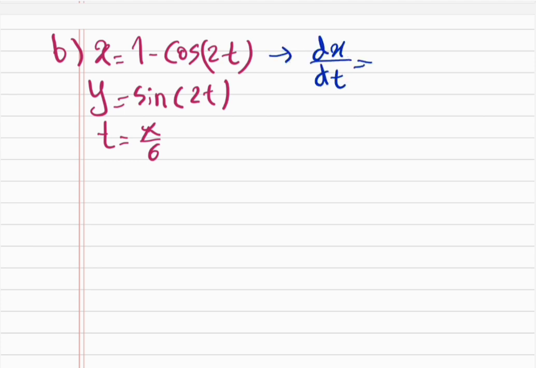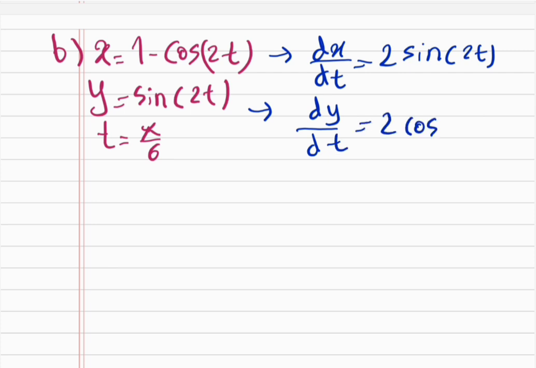So, minus cos 2t: minus cos differentiates to positive sine. In this case, we have 2t inside, so 2t differentiates to 2, so we will have 2 sine 2t. And then for y, dy dt is equal to, sine 2t differentiates to 2 cos 2t.